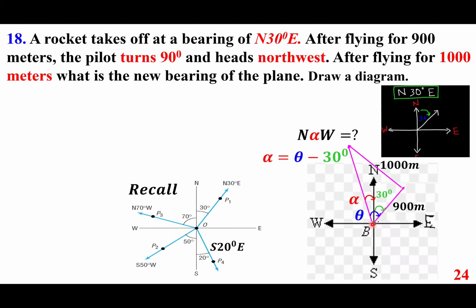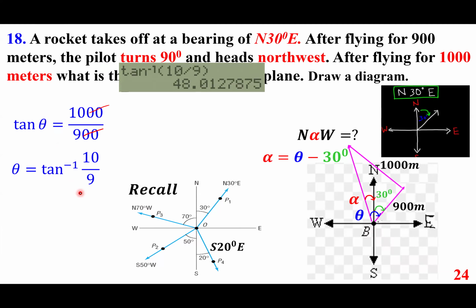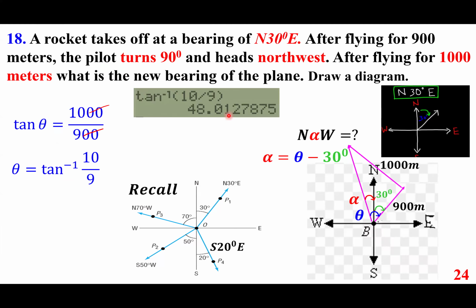Well, look at this triangle. Tan of theta is the opposite 1000 over the adjacent 900 meters. We drop a couple of zeros and get 10 over 9. So theta is tan inverse of 10 over 9, roughly 48.01 degrees.